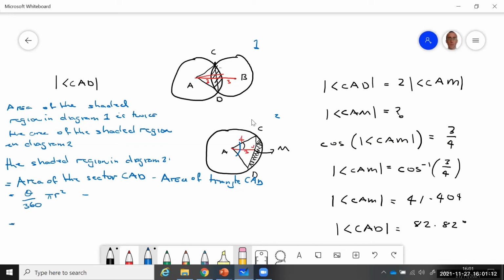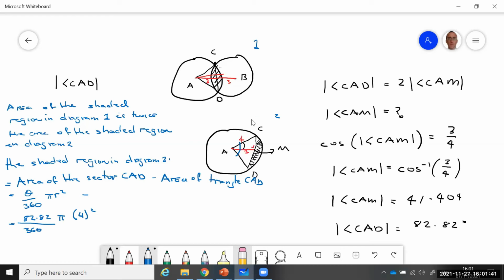We know that the angle I've indicated by the blue line, we've gone to the trouble of proving, was 82.82 all over 360, by pi, and the radius of this circle is 4. So that's 4 squared.